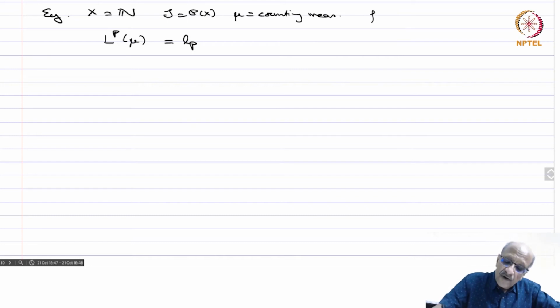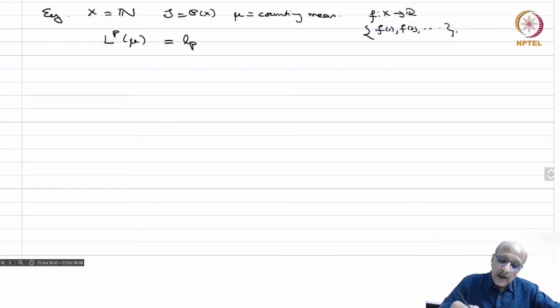So f from X to R means it's a sequence f(1), f(2), etc. Integration with respect to counting measure is nothing but a summation, and therefore Lp of mu is nothing but little lp.